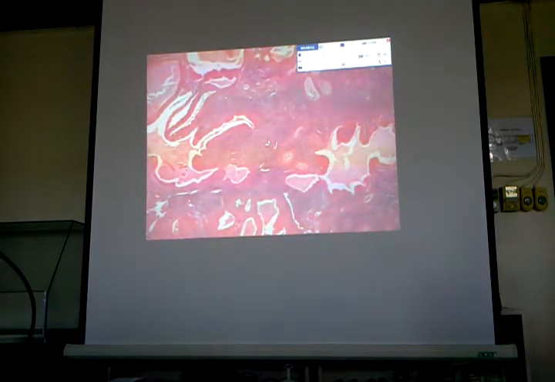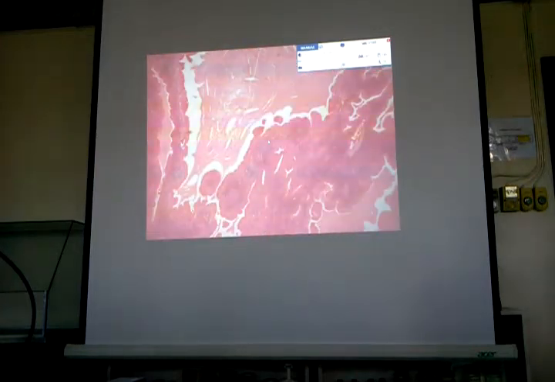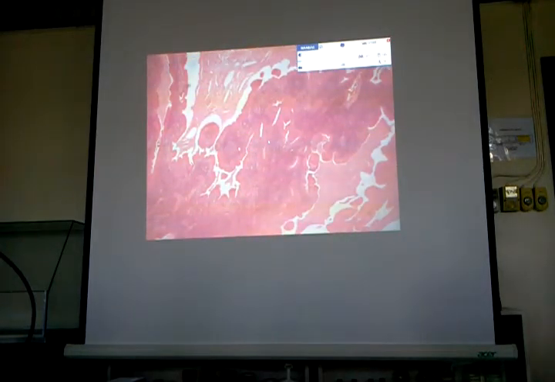Now, this neoplasm has two components. One component will be the lymphocytes. The areas pointed are actually occupied by lymphocytes. Sometimes, the lymphocytes will be forming that structure.